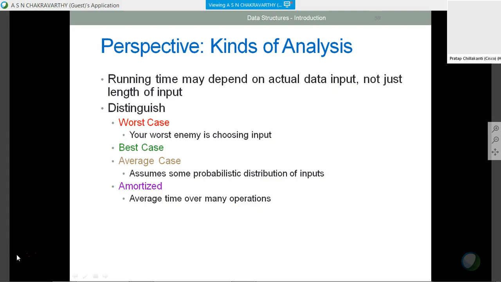Even quick sort, which we haven't seen yet, is really a randomized algorithm in a way, because you can choose a pivot, a reference point, randomly. Depending on the probability of the input distribution, which can be normal or something else, people can still come up with the complexity analysis. That is where we get into average case and amortized cases. Next slide.